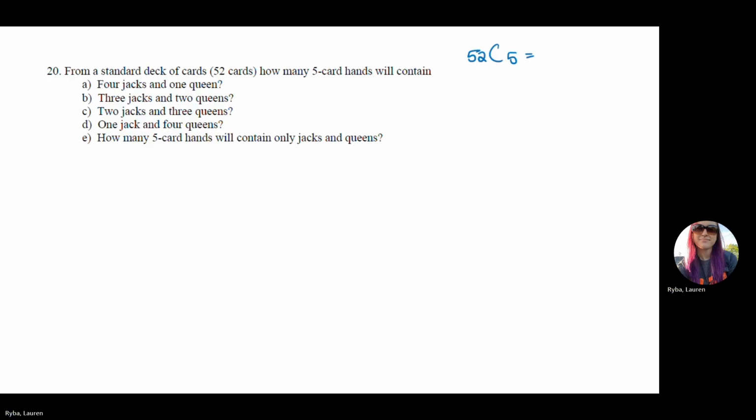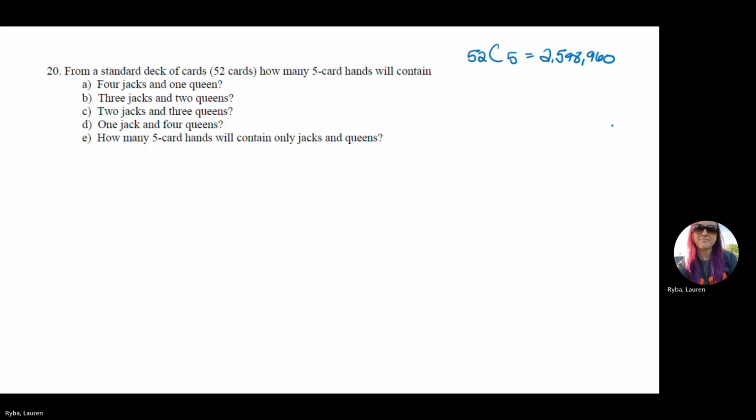Right? So if I did 52 choose 5, there are 2,598,960 different 5-card hands. So like when you talk about the game poker, that's how many hands are available in a deck of cards.